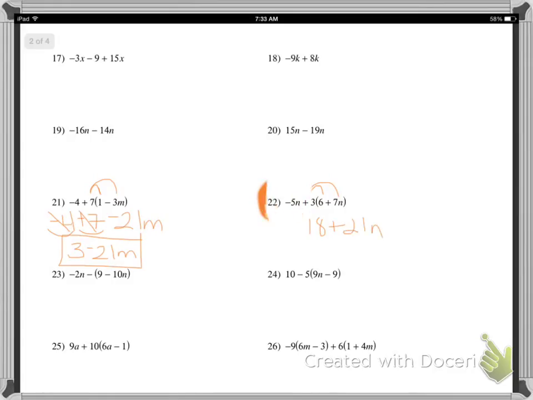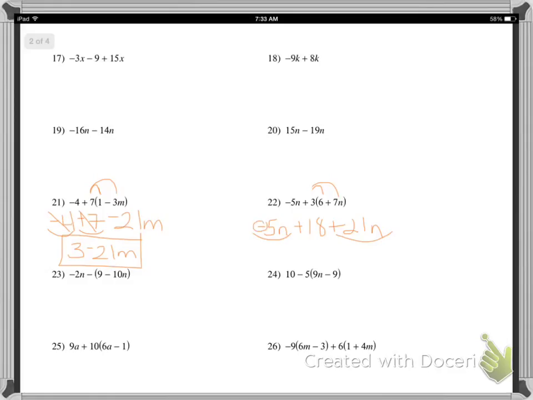Let's erase and see what mystery is unfolding here. Remember that the 3 times the 6n was a positive 18n. Bring down the negative 5n. I want that positive in front of the 18n, so I don't think that they're together. Who's alike in this case? Your variable terms are alike. They have different signs.